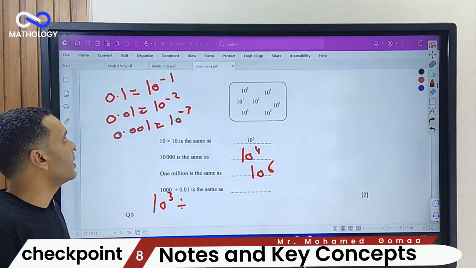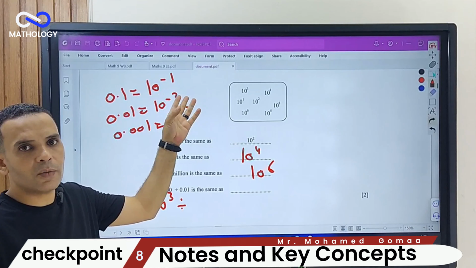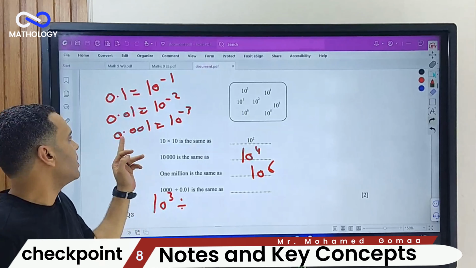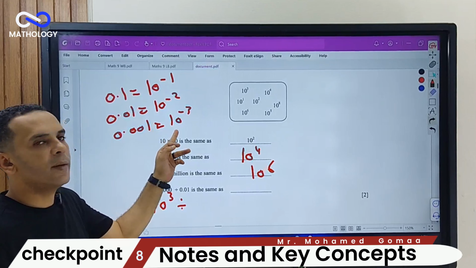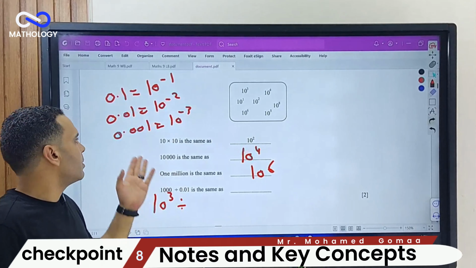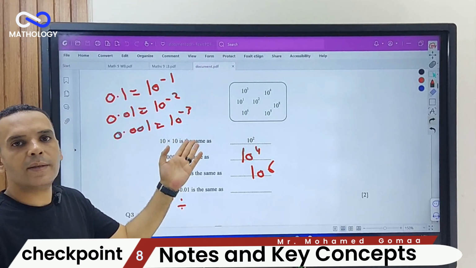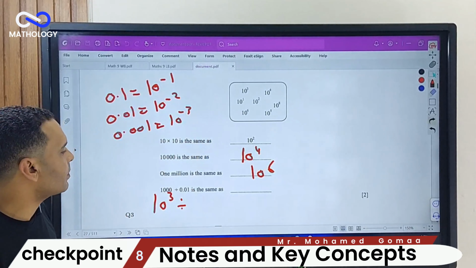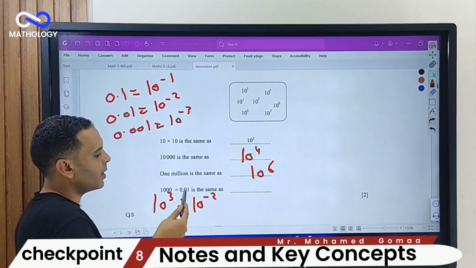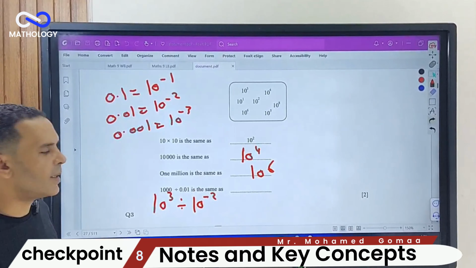Keep in your mind, 0.1 is the same as 10 power negative 1. 0.01, the same as 10 power negative 2. 0.001, the same as 10 power negative 3, and so on. 0.0001, the same as 10 power negative 4, and so on. Here, this is 10 power negative 2, the decimal point after 2 digits from the right. So it will be 10 power negative 2.